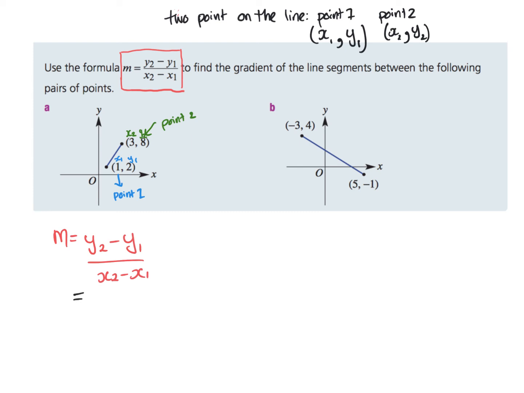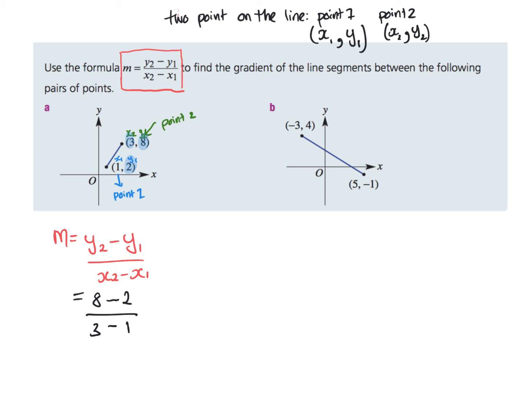My y2 is 8, so I'll put 8 in there, minus my y1, which is 2, over x2, which is 3, minus x1, which is 1.